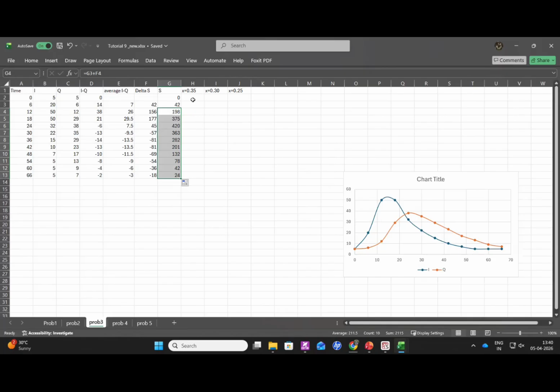And now we can use the Muskingum equation, which is x into I plus (1 minus x) into Q. The important thing here is that we have to start at some value of x first.